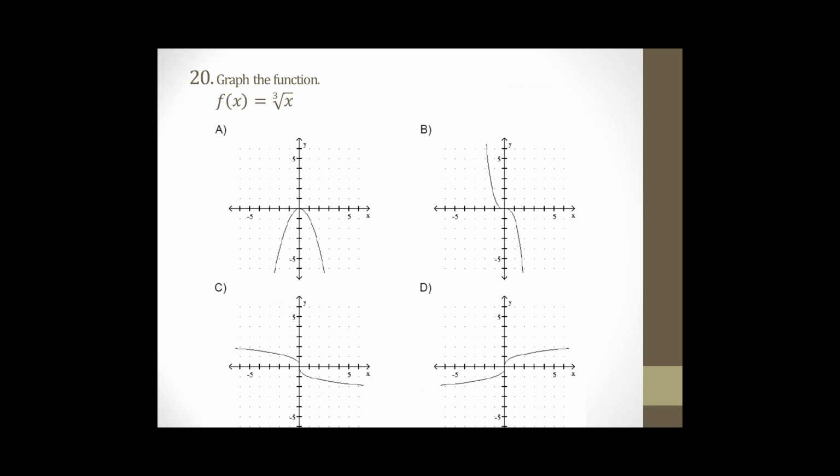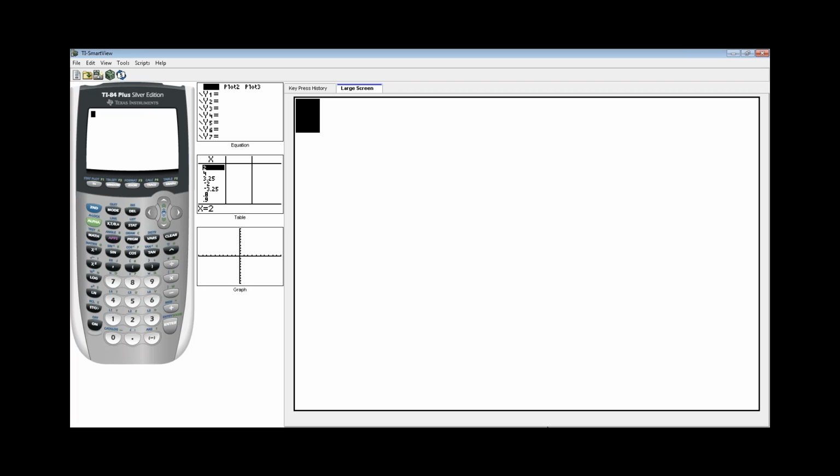Okay, then number 20. Graph the function. Let's practice using the graphing calculator, and then I'll show you how you could sketch it without the graphing calculator. If you want to graph a function, we go to y equals.